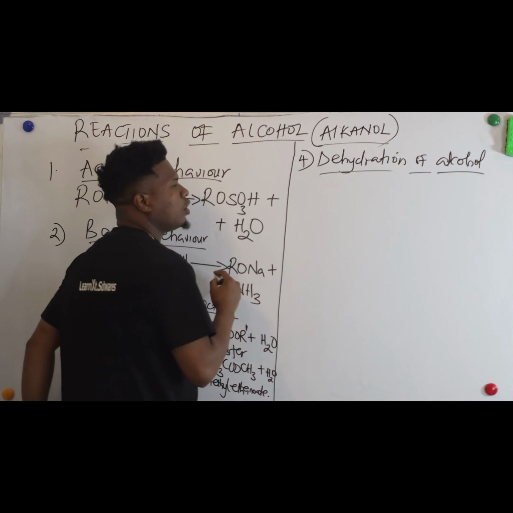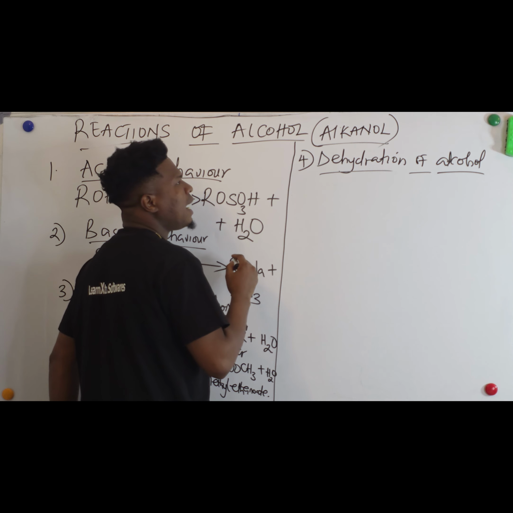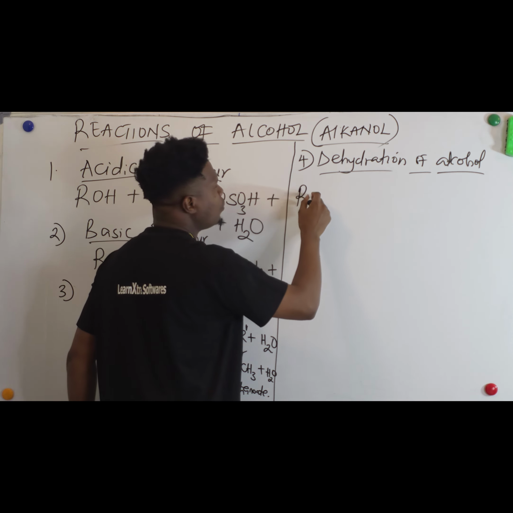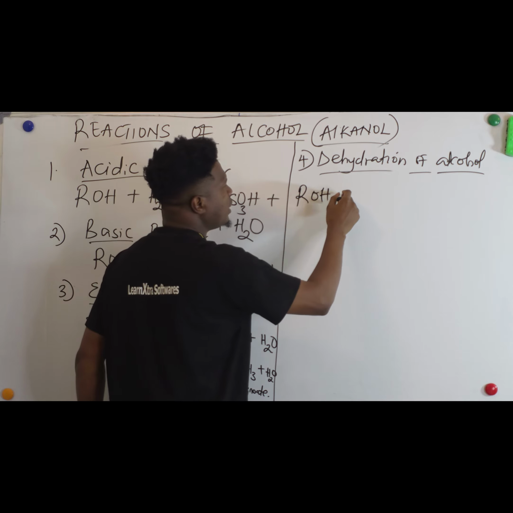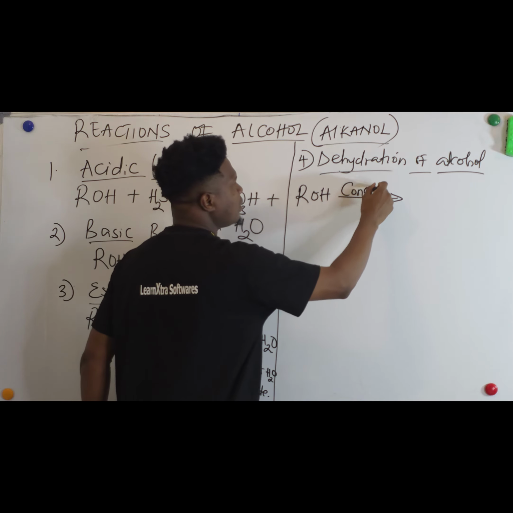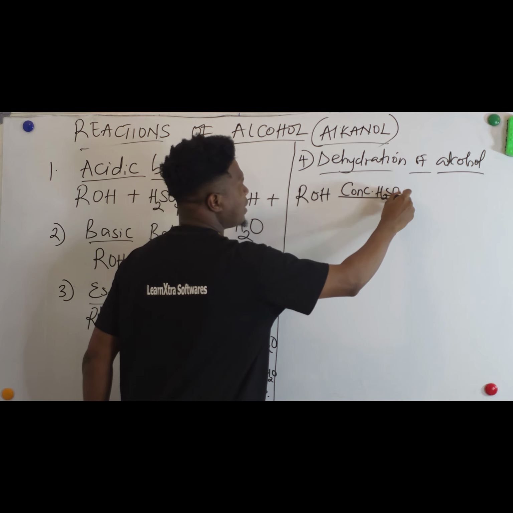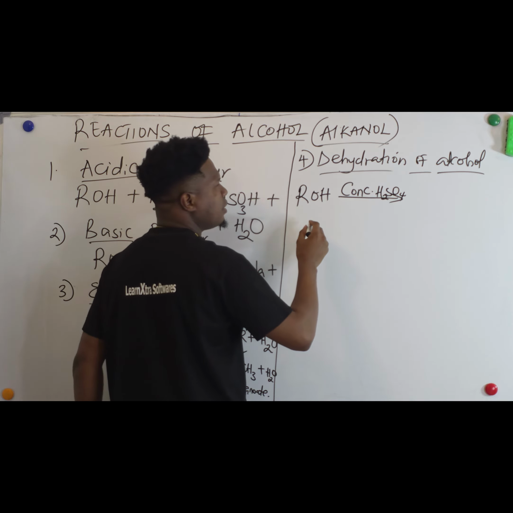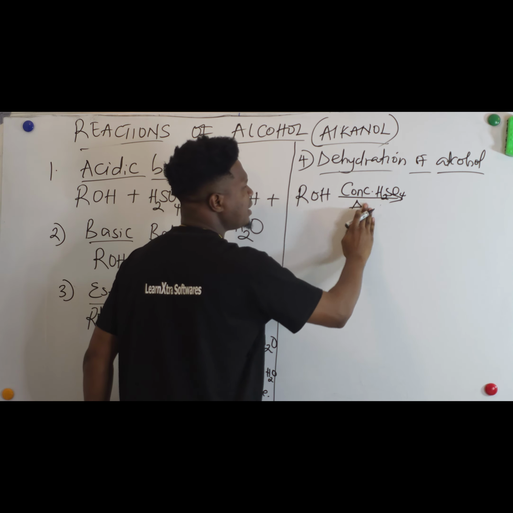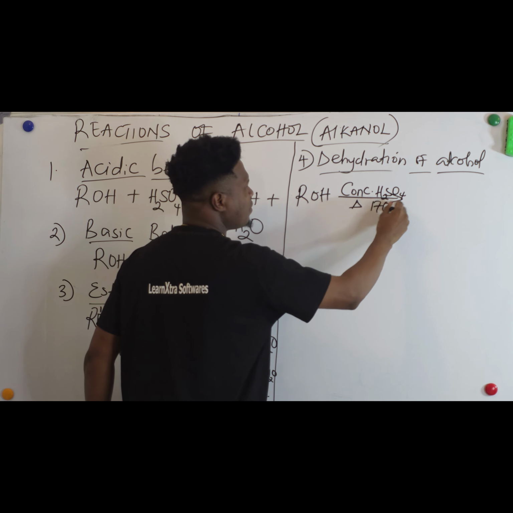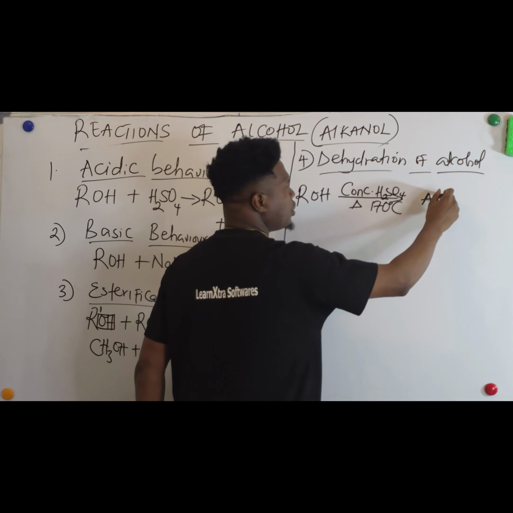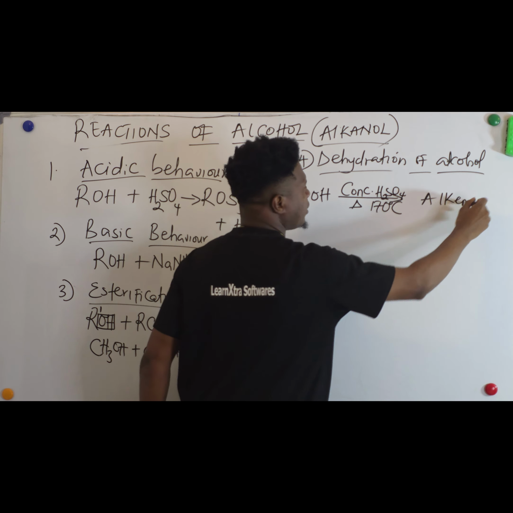So for this reaction, let's say we have an alcohol, ROH, undergoing dehydration with concentrated sulfuric acid in the presence of applied heat at 170 degrees and above. This dehydration will lead to the formation of an alkene.